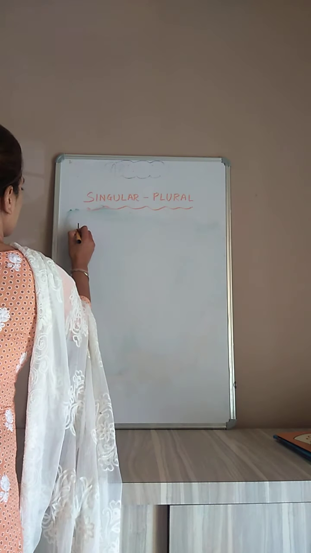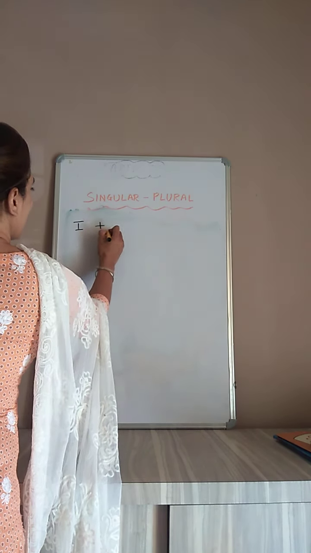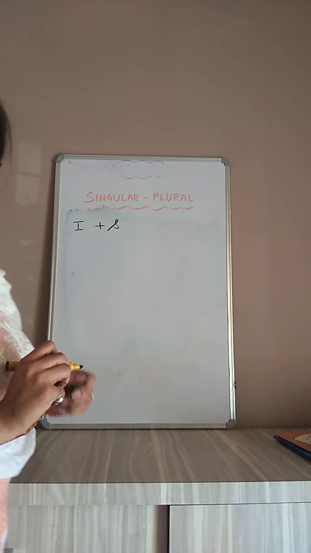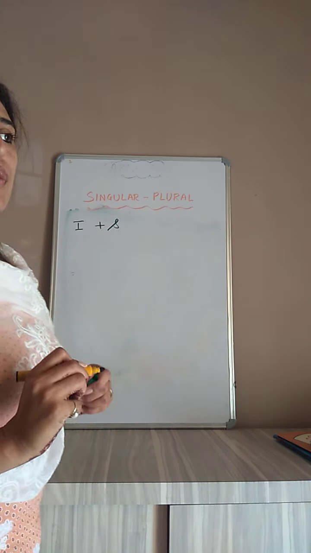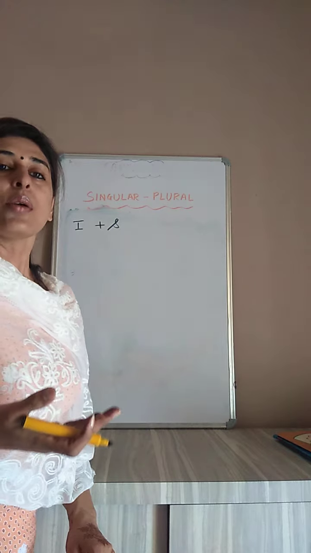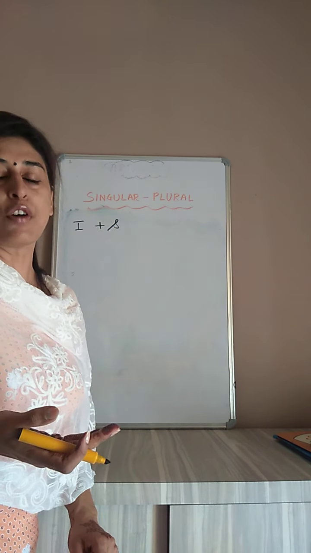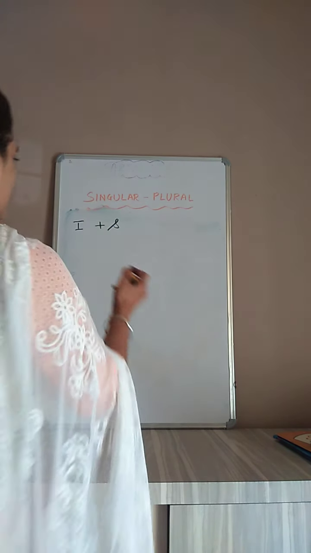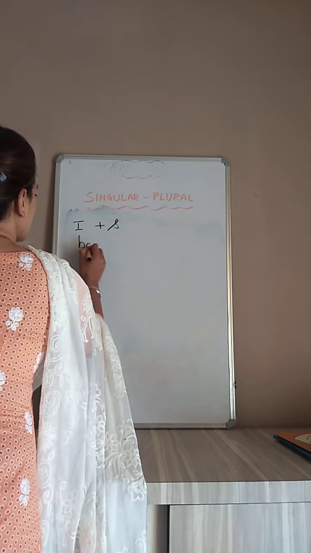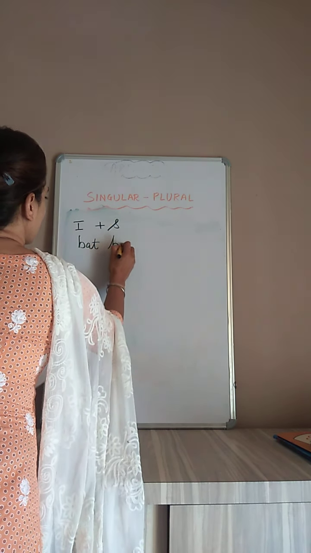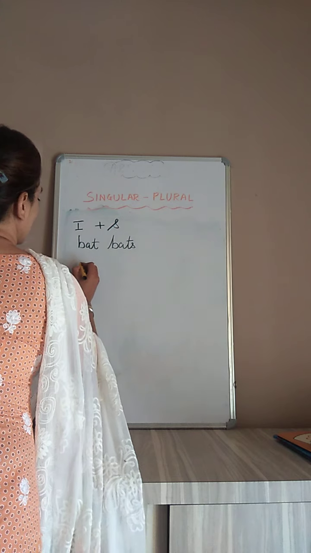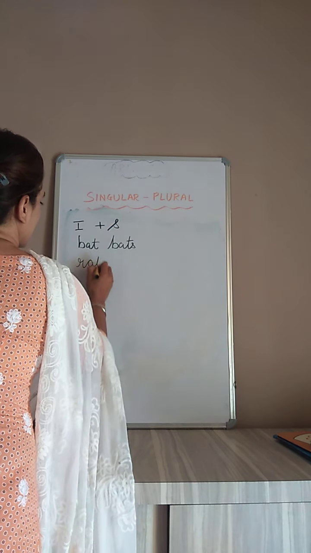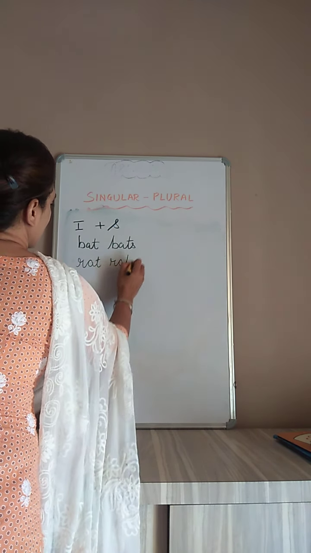First rule is to add s. Only to add s. There are words which are changed into their plural form just by adding s. For example, bat, bats. Rat, rats.